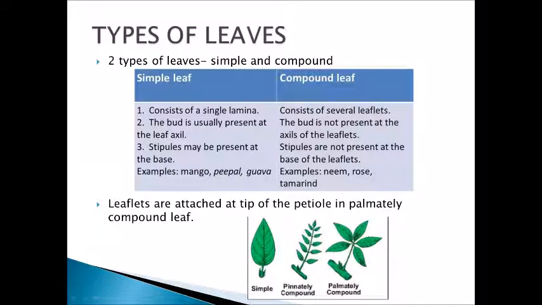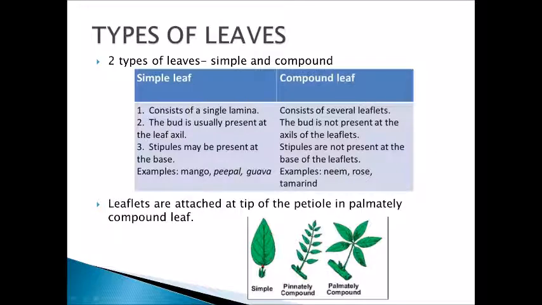Now let us see types of leaves. Two main types of leaves are considered: simple and compound leaf. A simple leaf consists of a single lamina, while a compound leaf consists of several leaflets. Now what does it mean? Here you can see in this diagram, this lamina is intact.